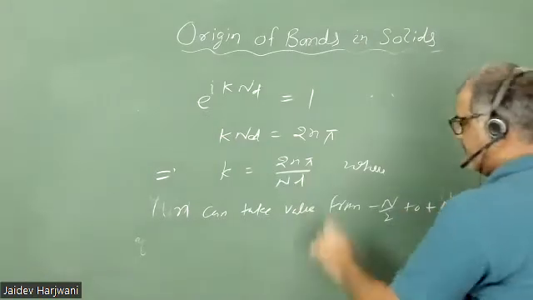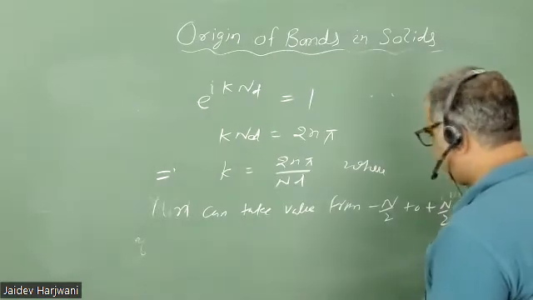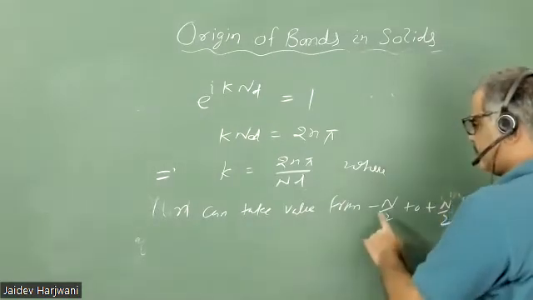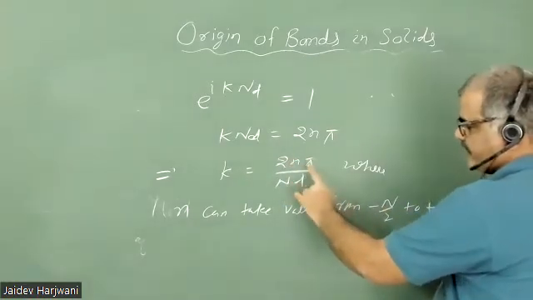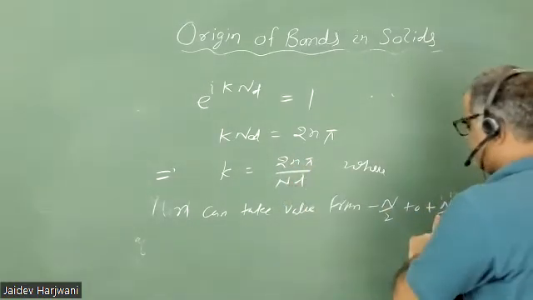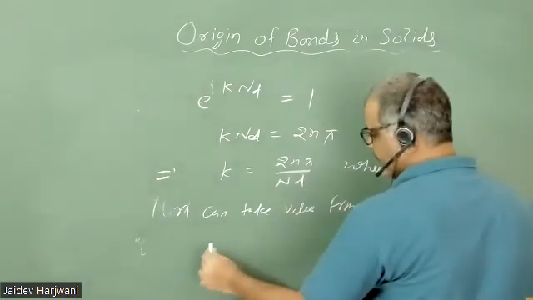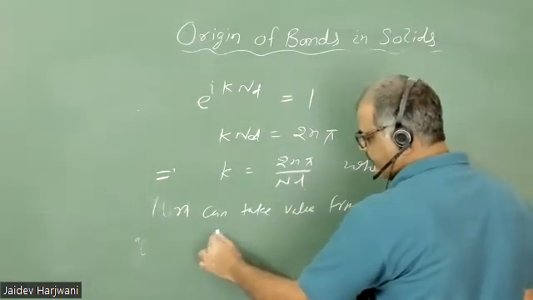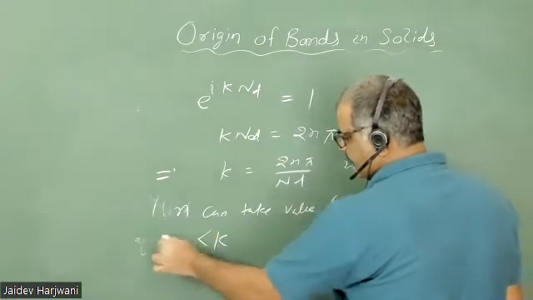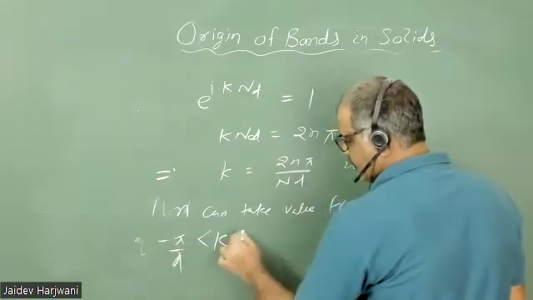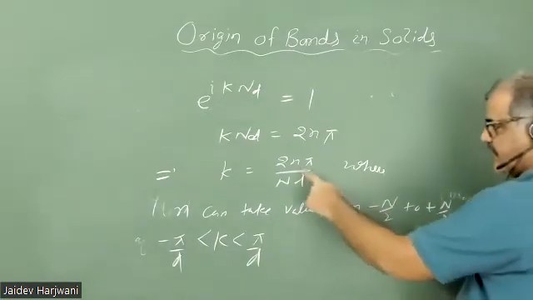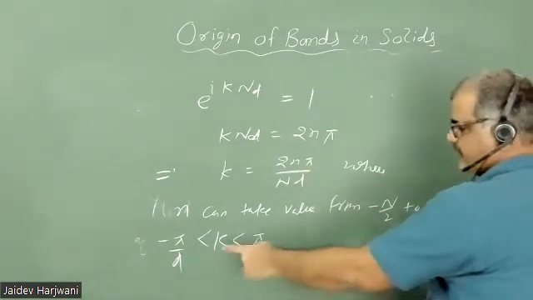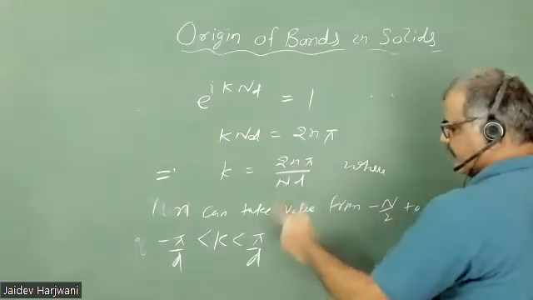If you put N by 2 here, N cancels, 2 cancels, and you get minus pi by d. So the k range will be between k equals minus pi by d to plus pi by d. If I put plus N by 2, I get pi by d.